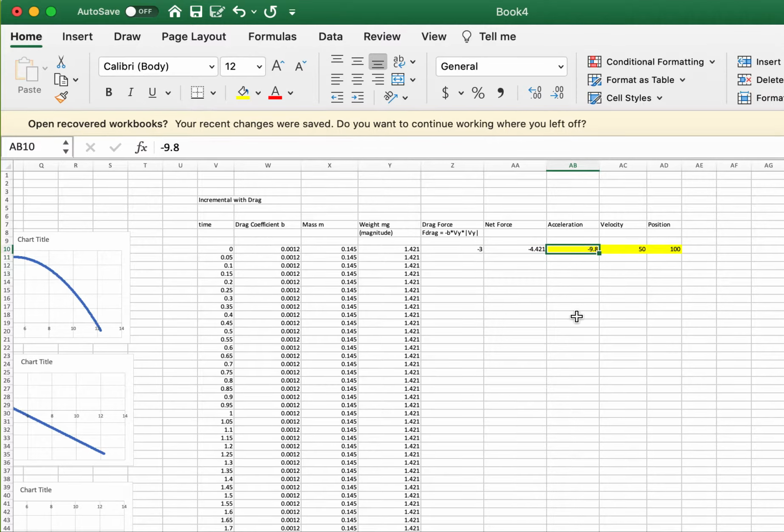Instead of letting my acceleration automatically be negative 9.8, I'll take the net force and then divide by the mass.